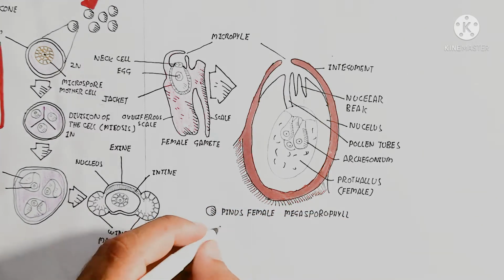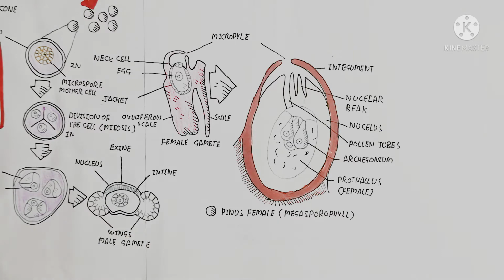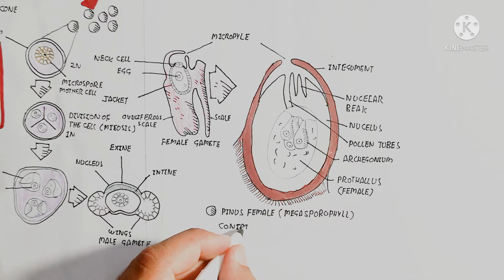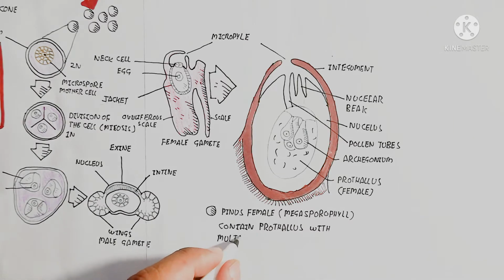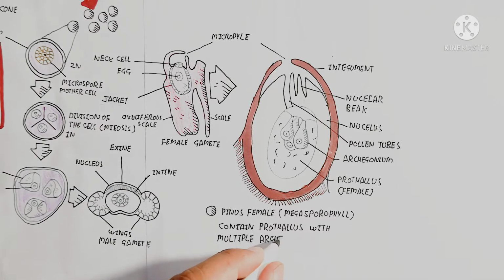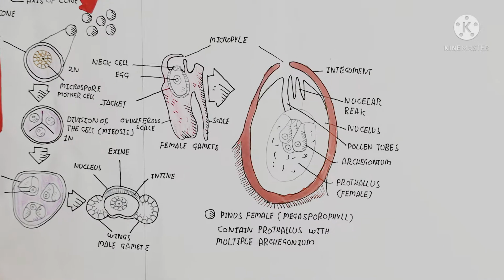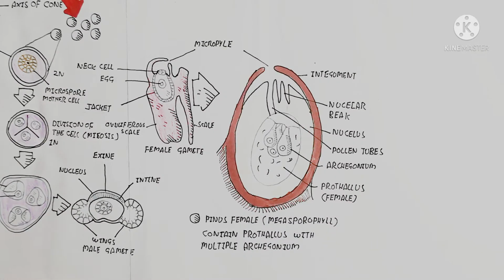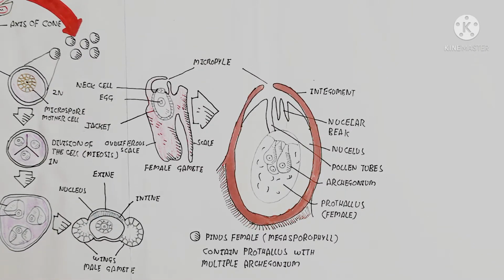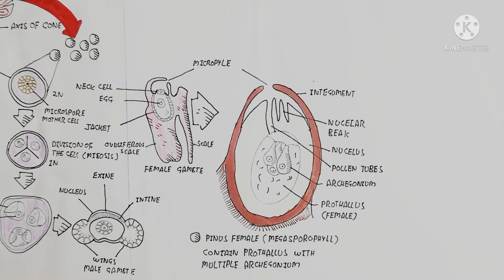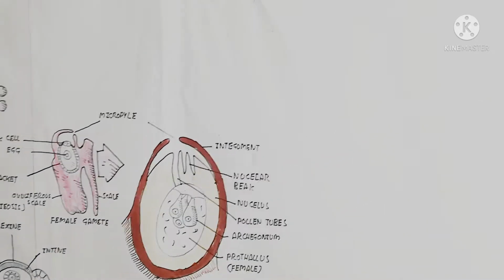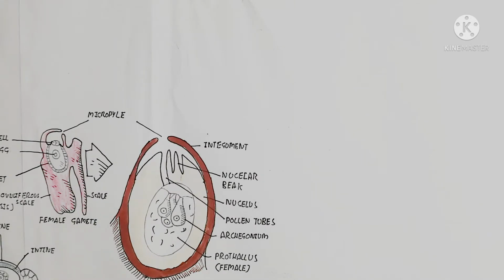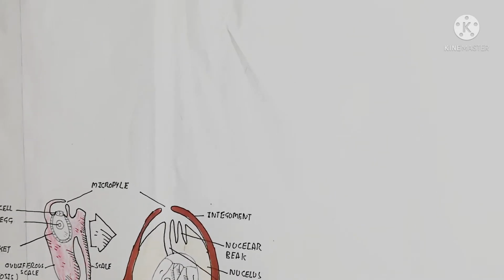The micropyle and integument are present in red color, while here is the female prothallus. So these female prothallus are present in this region. Pinus, basically the female megasporophyll, contains a prothallus with multiple archegonia. Archegonium is the female reproductive organ.